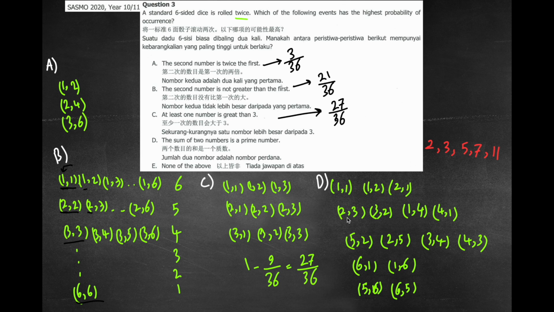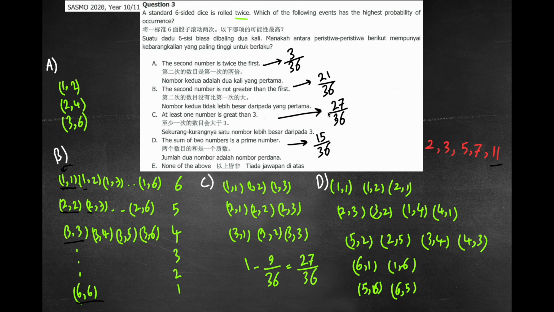For 5, it's 2 and 3, 3 and 2, or 1 and 4 and 4 and 1. For 7, it's 5,2, 2,5, 3,4, 4,3, and also 6,1 and 1,6. For 11, we have 2 possible ways: 5,6 and 6,5. If you count everything here, that adds up to 15. So the probability for answer choice D is 15 over 36.